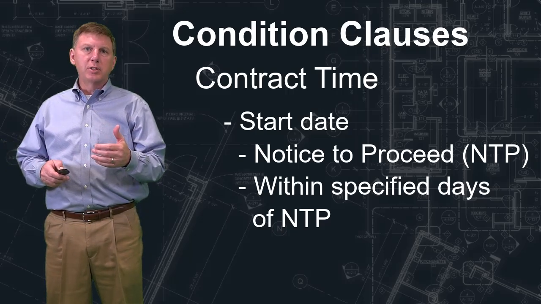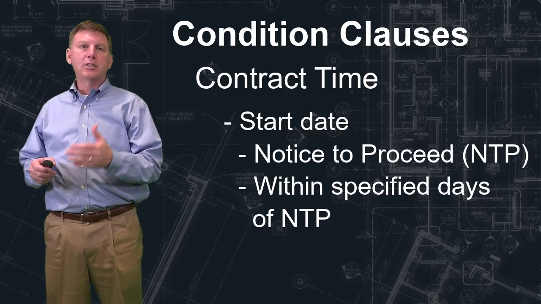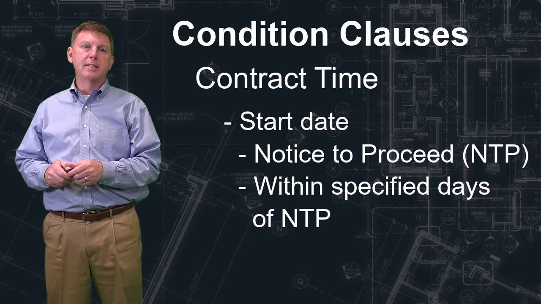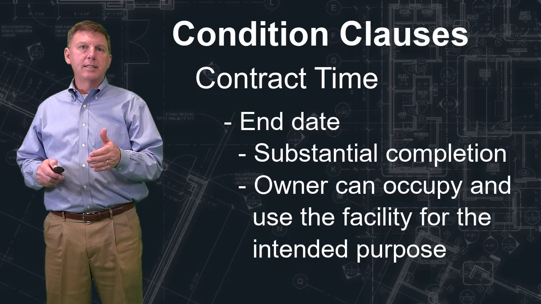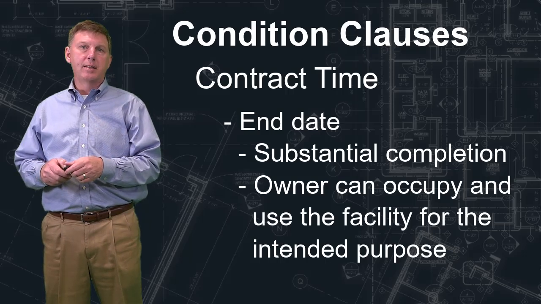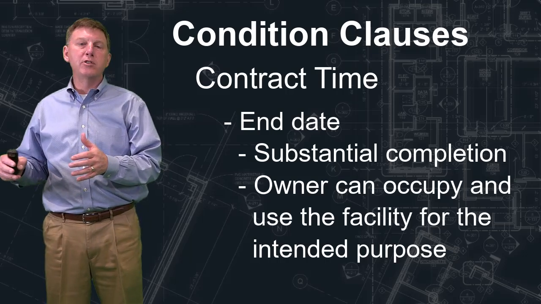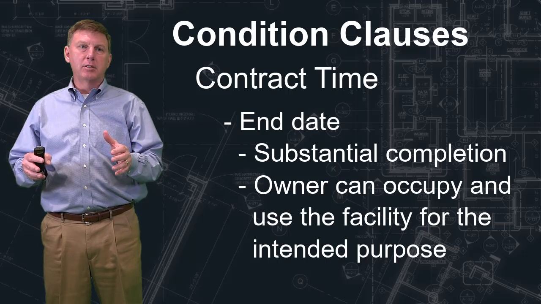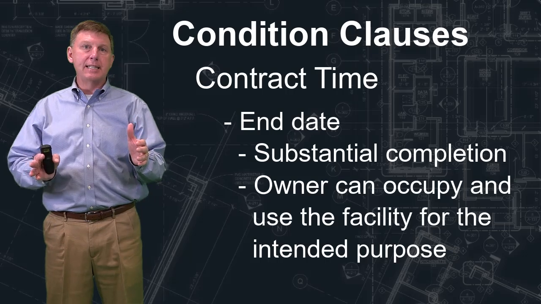Once you get that notice to proceed, you have to make sure that you're ready to move within that period of time, those 7 days. The end date is specified by substantial completion. Substantial completion is when the owner can use the facility for its intended purpose. So you have the beginning date and the end date.